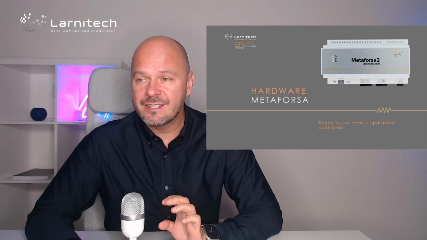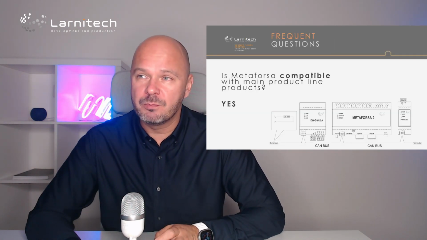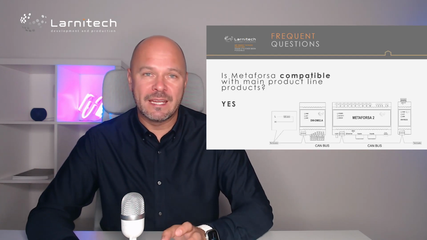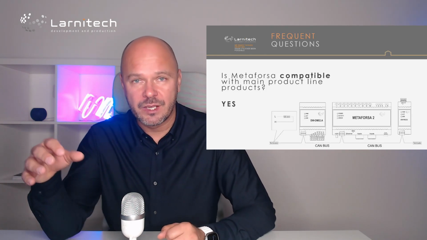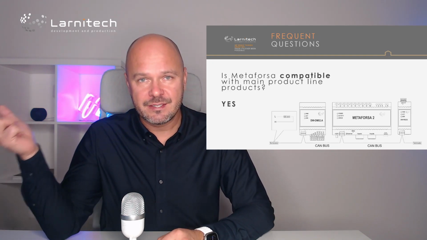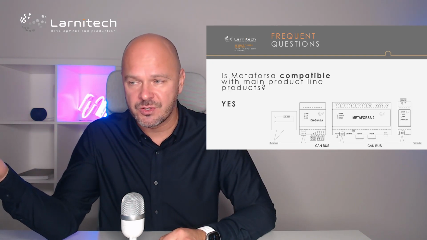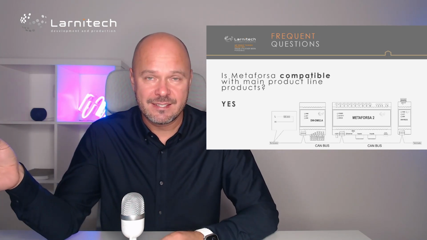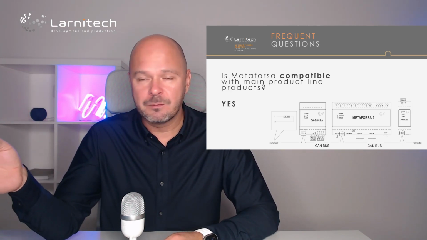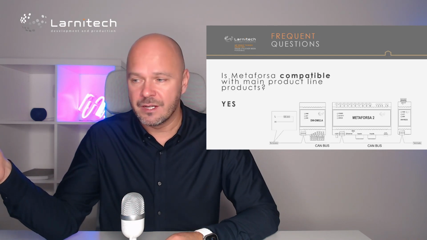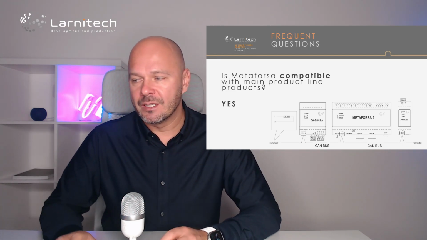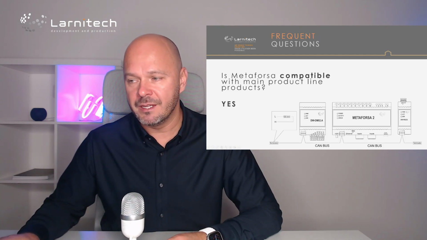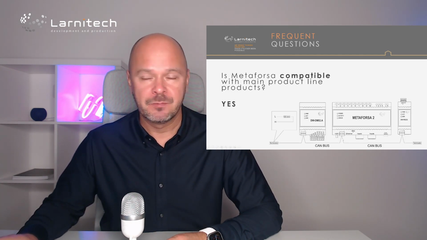But first is a very popular question: is Metaforsa compatible with the main product line? So with everything we have just seen, relays, dimmers, Pattress box sensors, is Metaforsa compatible? And the answer is yes. You can connect Metaforsa to any of those devices. You can have only one bus with Metaforsa, so it will be 49 devices.